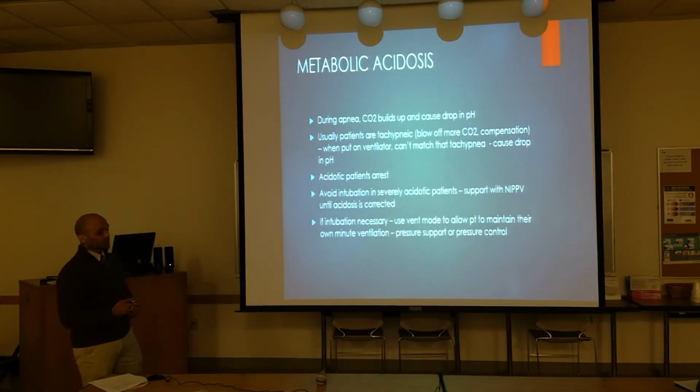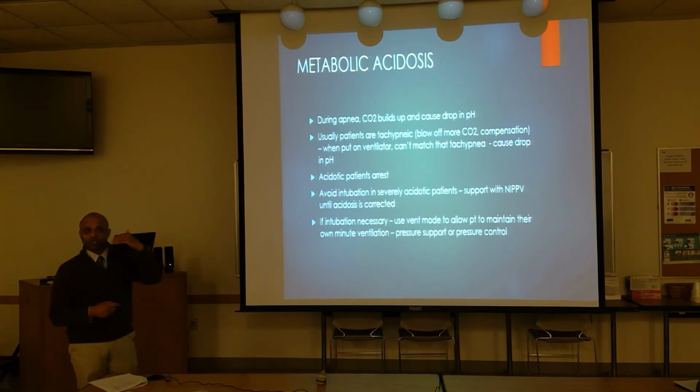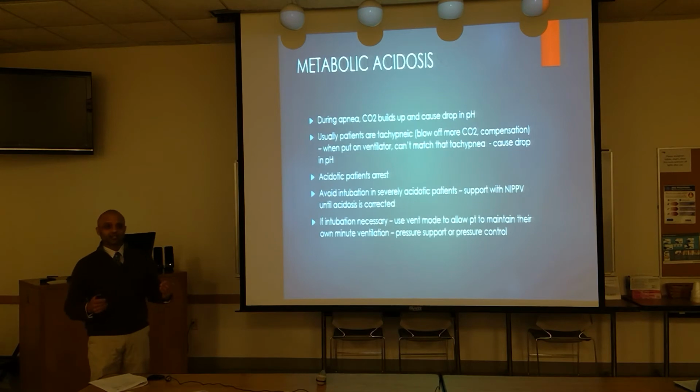The other thing, these patients are usually very tachypneic, right? They're breathing fast. We're talking 30, 40 times a minute. These DKA patients, you see them and they're moving, right? They're breathing 30, 40 times a minute because they're trying to blow this carbon dioxide off to compensate for the acidosis. So what do we do? We come in and we intubate them thinking, oh yeah, he's breathing too much. You intubate them, you put them on the vent.